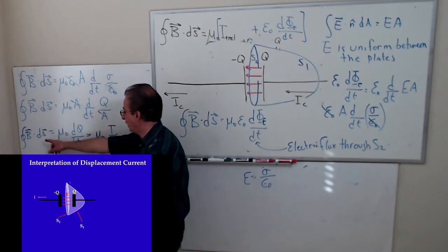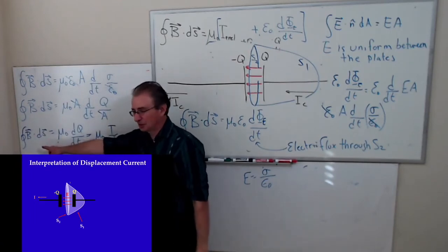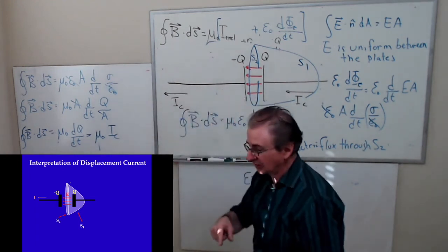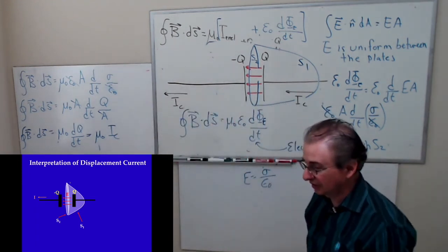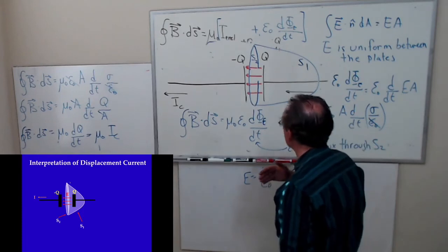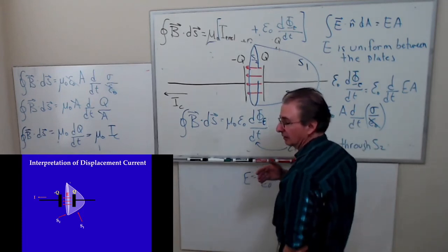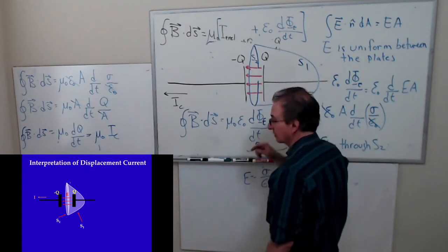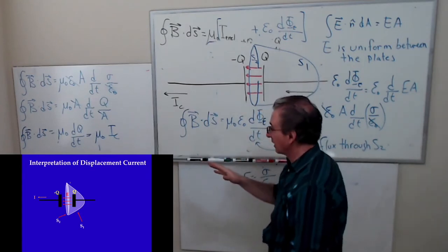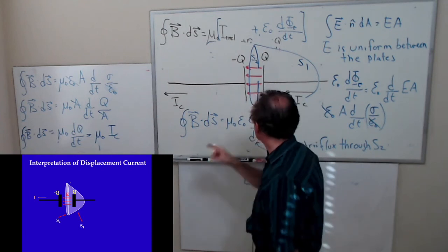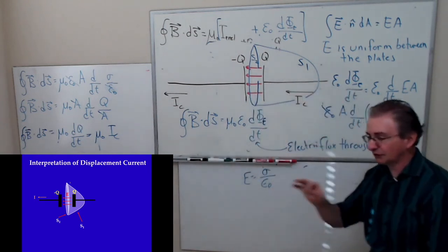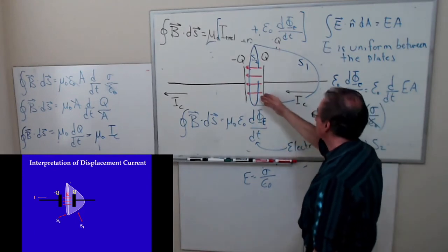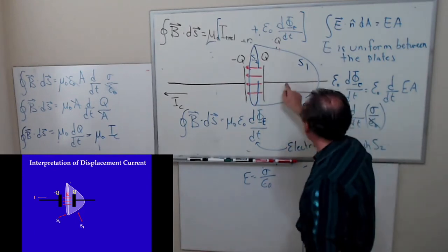And you can see if I just do B times 2 pi r, I'm going to get the same expression as I did using the first surface. So I get the same field when I apply it to this surface or that surface. I get the same exact equation for the field, whichever surface I use. So really, the displacement current here is going to be equal to the conduction current in here.